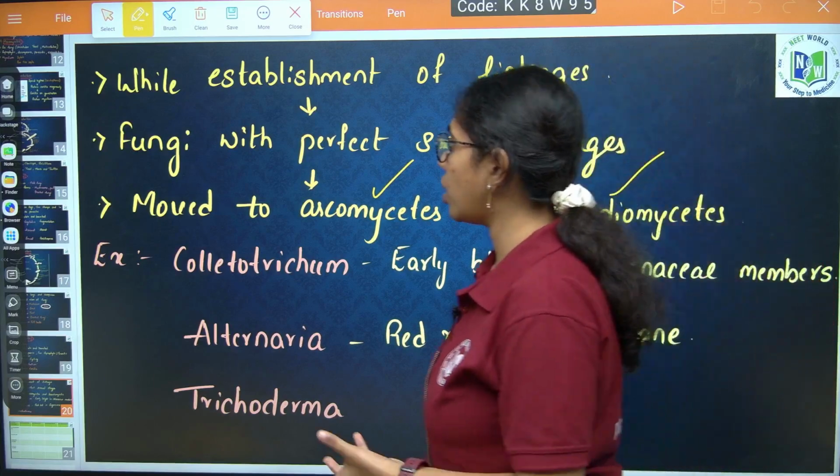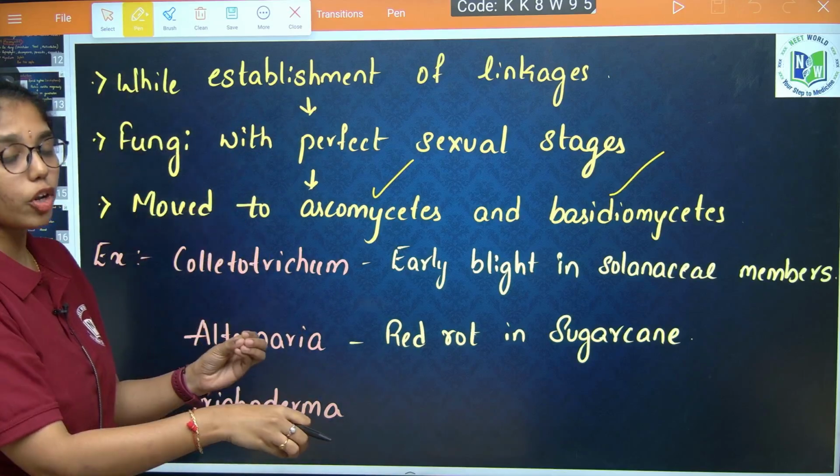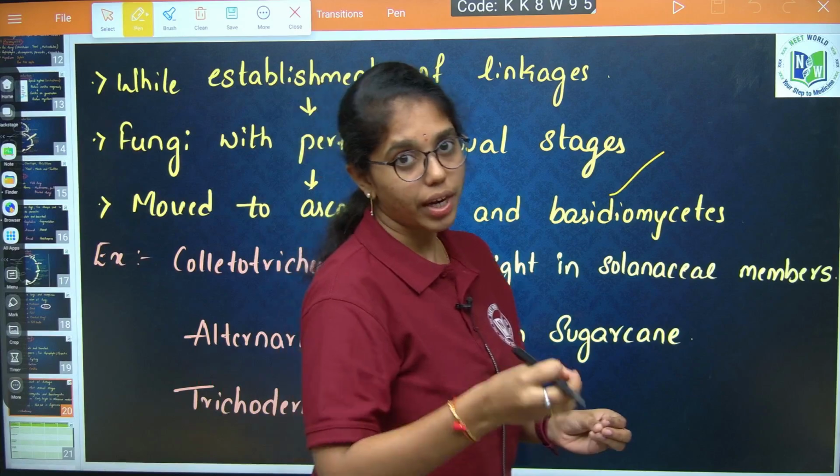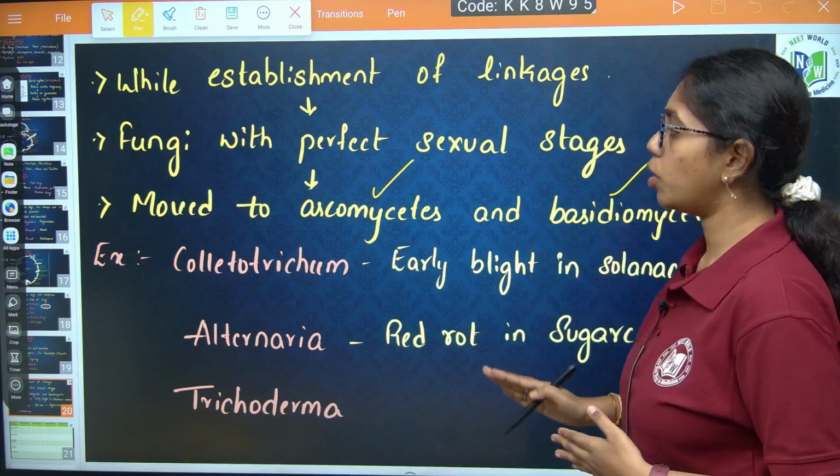There is a statement in your NCERT, don't get confused. It means that whichever fungi under Deuteromycetes conduct sexual reproduction are placed again under Ascomycetes and Basidiomycetes.